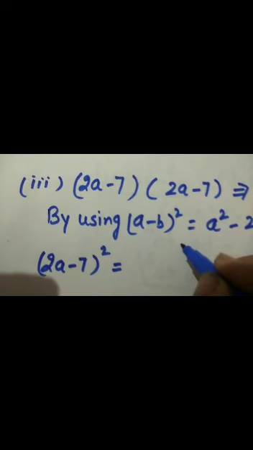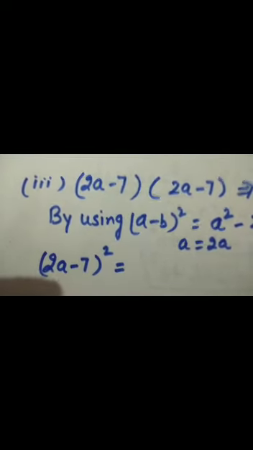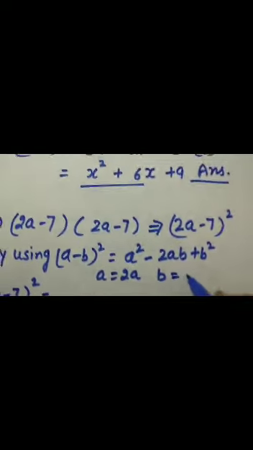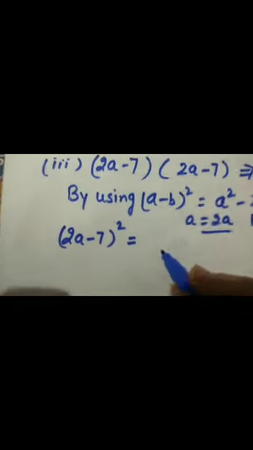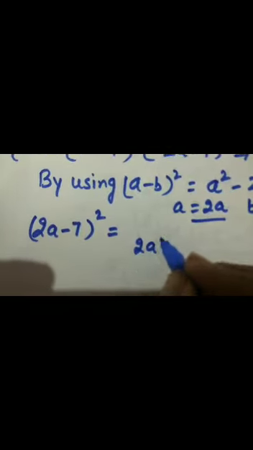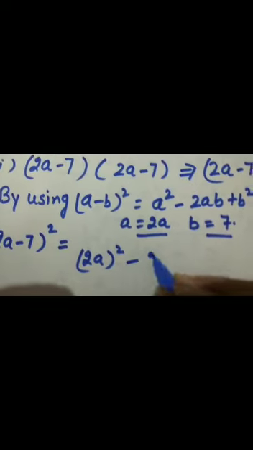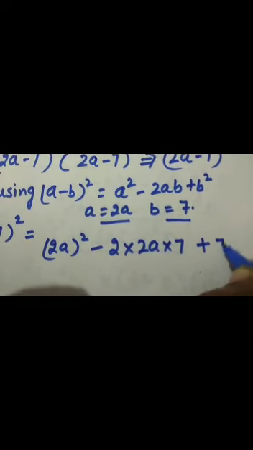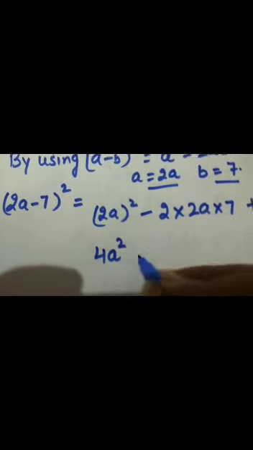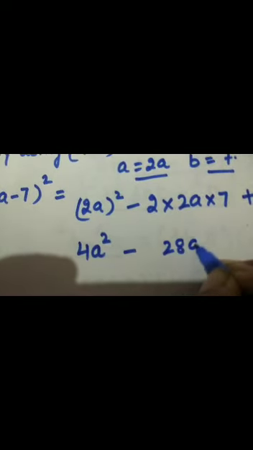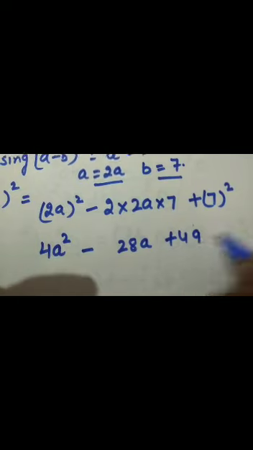So (2a minus 7) whole square is equal to: the value of a is here 2a and the value of b is 7. We'll not write minus 7 because we are using the identity here. So (2a) whole square minus 2 into 2a into 7 plus 7 square. This will be 4a square minus 28a plus 49.